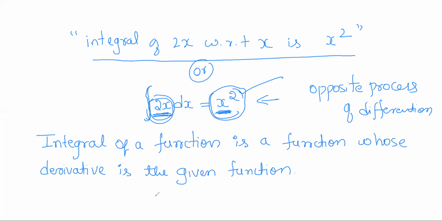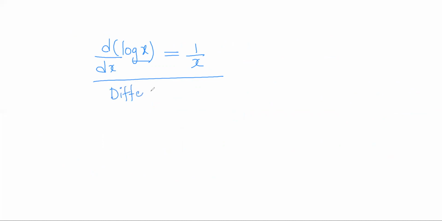We can have one more example. For example, differentiation of log x is 1 by x. This is the symbol for differentiation of log x with respect to x is 1 by x. In words, differentiation of log x with respect to x is 1 by x.